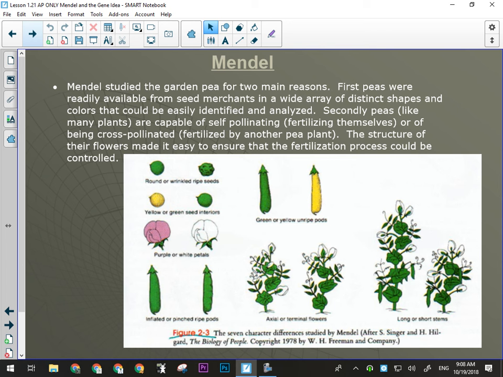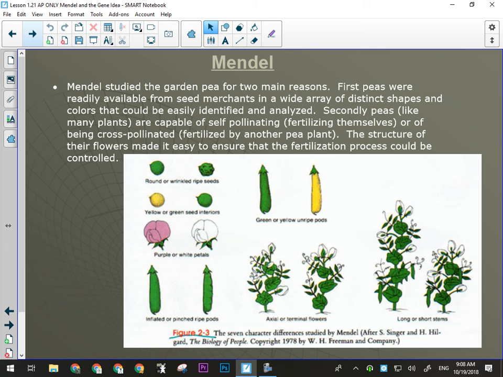Now, in order to make sure he was running a controlled experiment, he couldn't just let the plants pollinate willy-nilly. He couldn't let them have their pollen go wherever they wanted it to go. So painstakingly, when the flowers appeared, he would go out with paintbrushes and touch one flower, then bring the pollen on the paintbrush over to another plant and pollinate it.